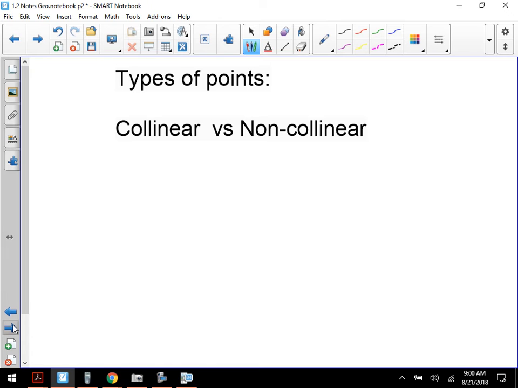As I mentioned a minute ago, there are two terms that we're going to use pretty regularly: collinear and non-collinear. Collinear just means points on the same line, and non-collinear means points not on the same line.